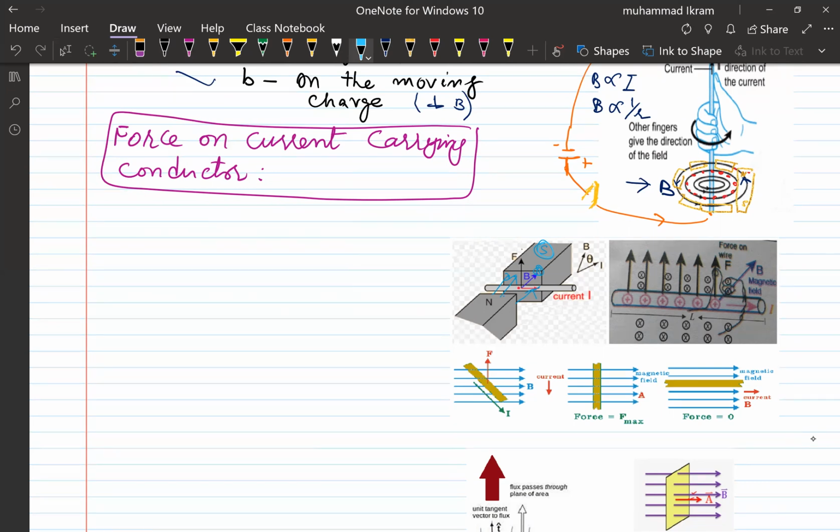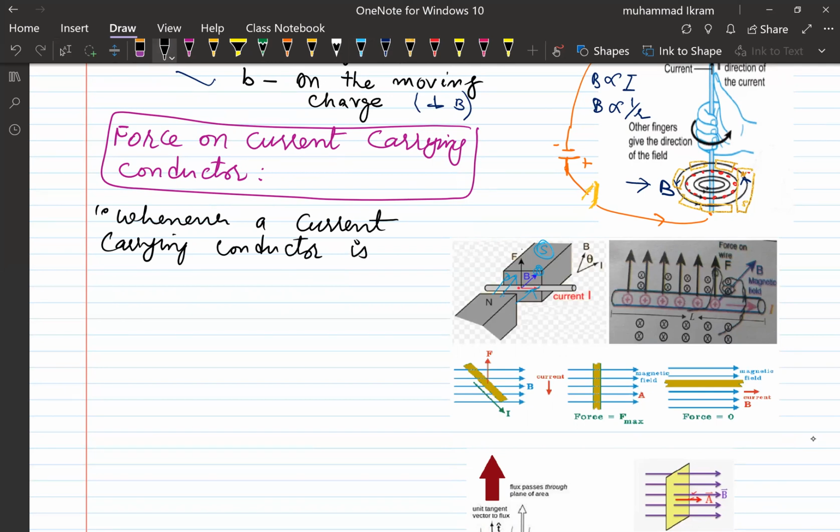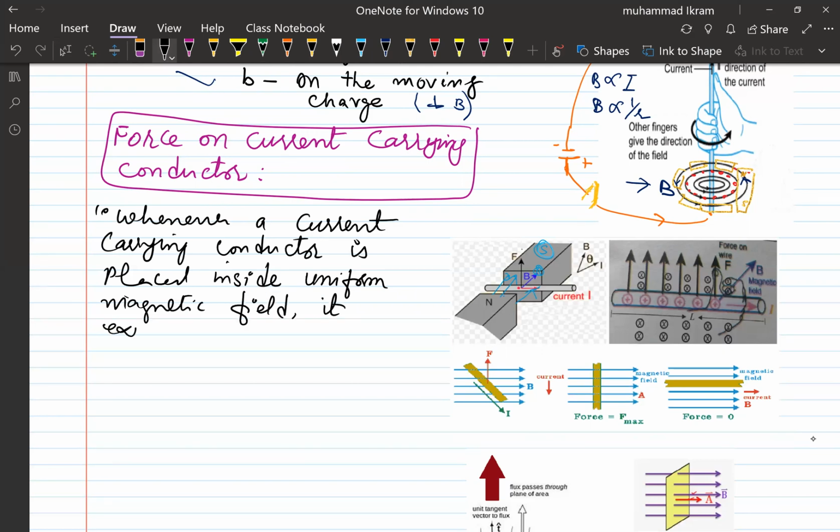Whenever a current carrying conductor is placed inside a uniform magnetic field, it experiences a mechanical force.